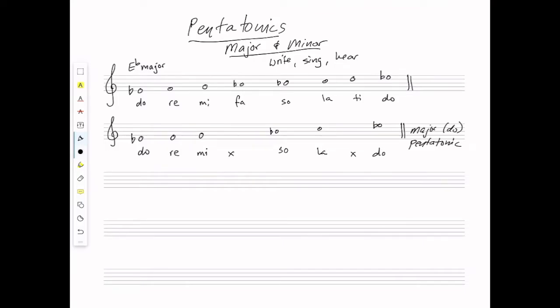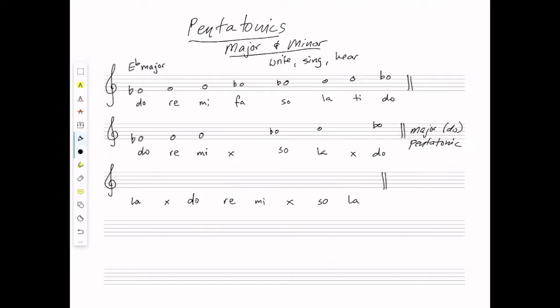Similarly, the minor pentatonic, as we remember from the minor scales episode, starts on la. And it's the same thing. We leave out fa and ti. So la, leave out ti, do, re, mi, leave out fa, sol, and then we end on the upper la.